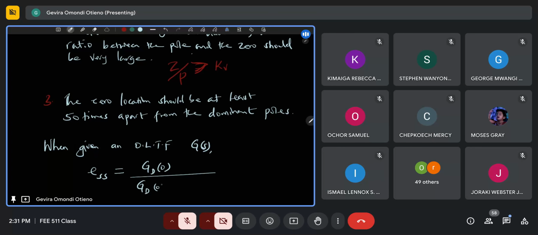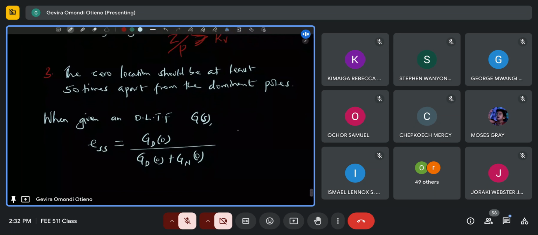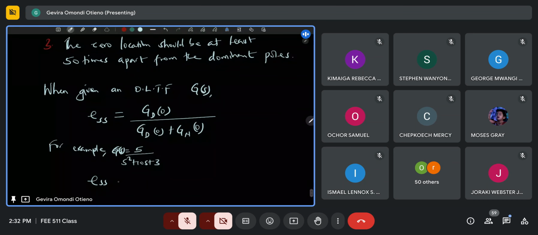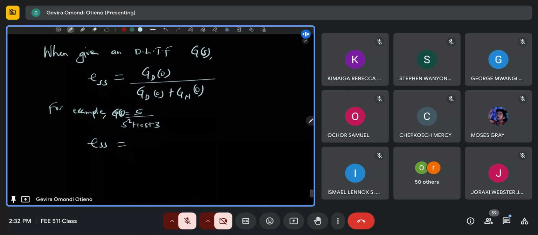This you have to know. Nobody will tell you this, but if you've done control systems before, that is what gives you the steady state error. What I mean is, for example, if you say something like 5 over s squared plus 10s plus 3, if this is G of S, then you can say that the steady state error would be given by the denominator.